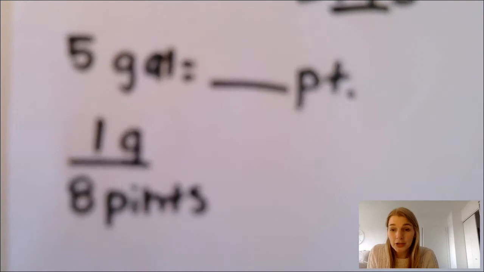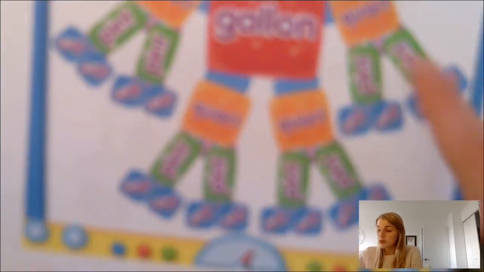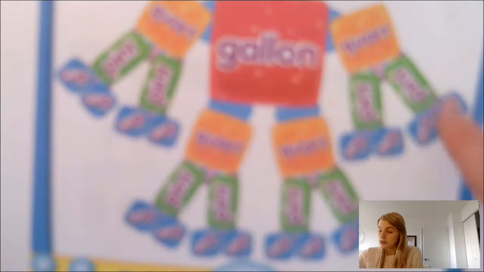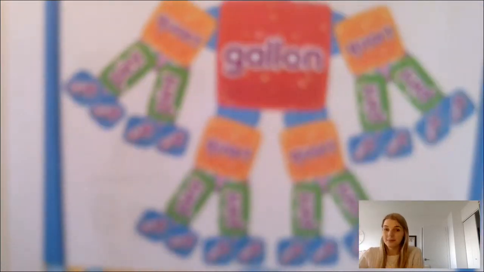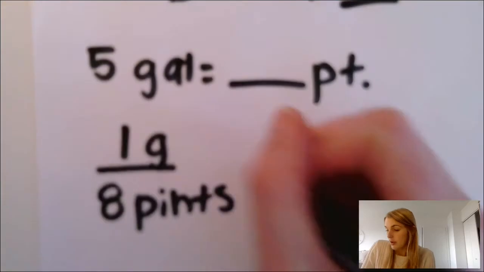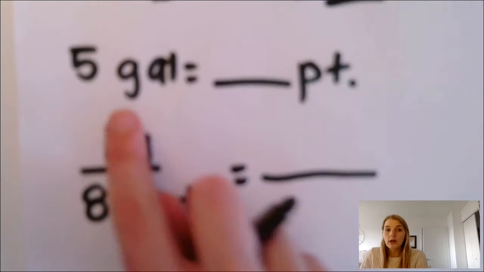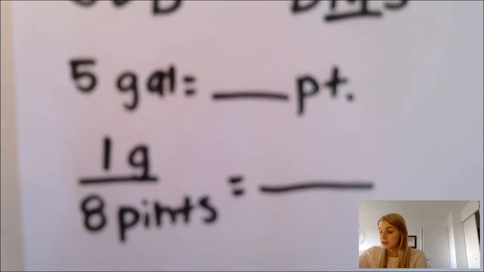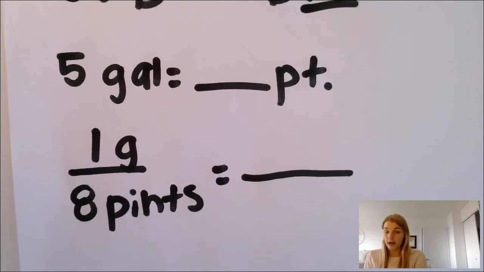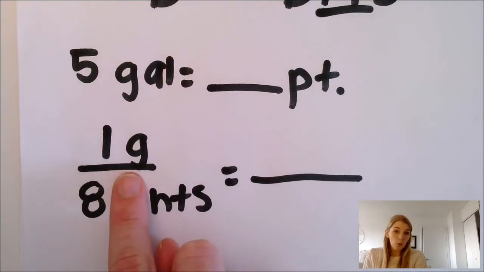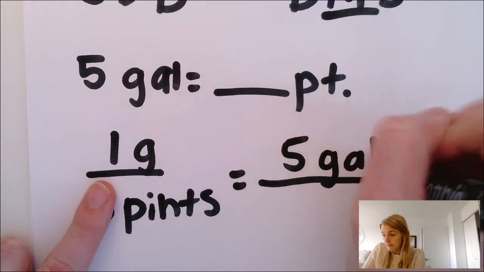Now, if you want to try to remember them, you could go over to your gallon man, and you can see that 1 gallon is equal to 1, 2, 3, 4, 5, 6, 7, 8 pints. Now we're going to make them equal. And let's see here. We are talking about 5 gallons. So remember I told you, you want to make sure that the units of measurement line up. So if we're talking about 1 gallon here, we want to make it to 5 gallons.